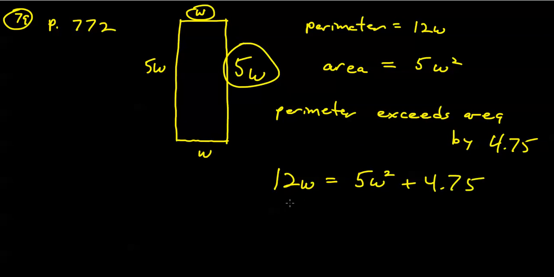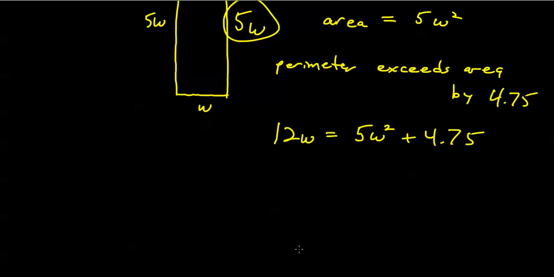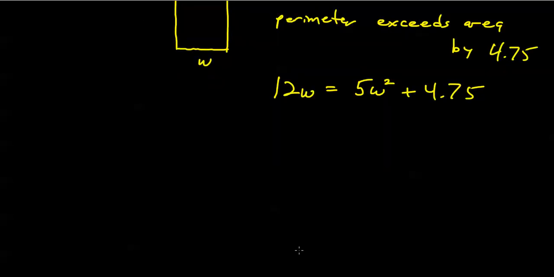Perimeter exceeds the area by 4.75. Alright, so I can get a degree 2 equation to solve out of this fairly easily. Alright, I'm going to then subtract 12W from both sides.